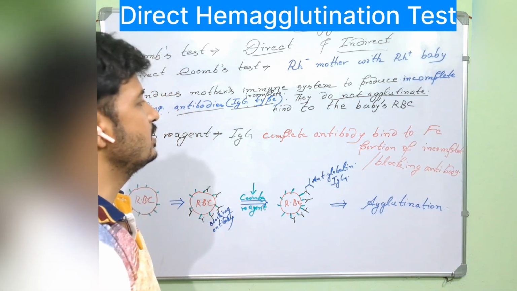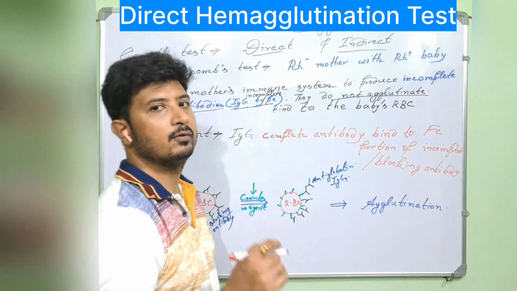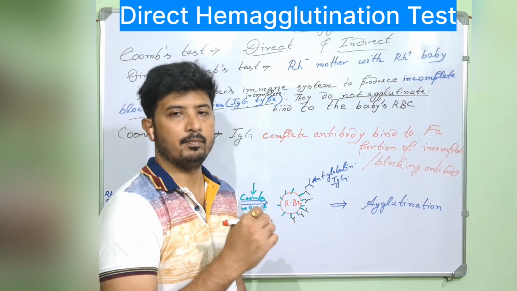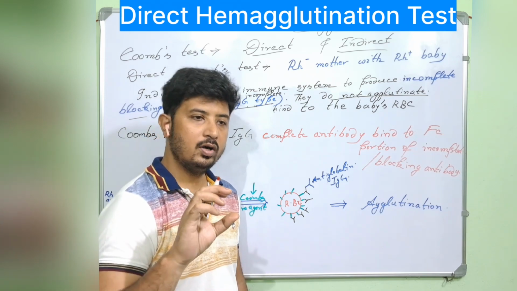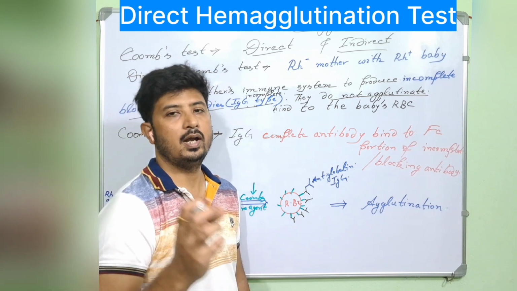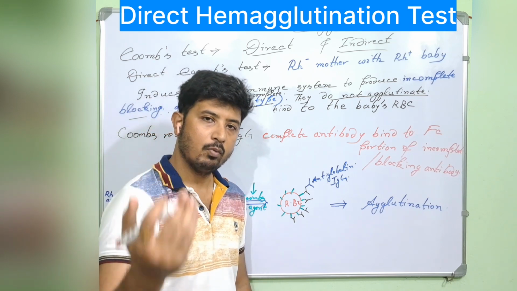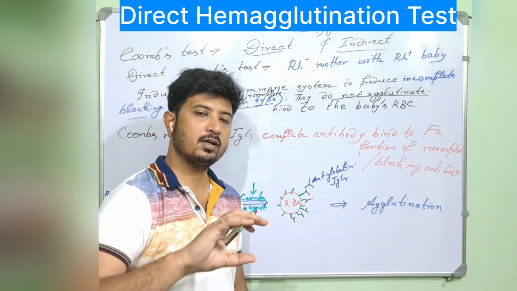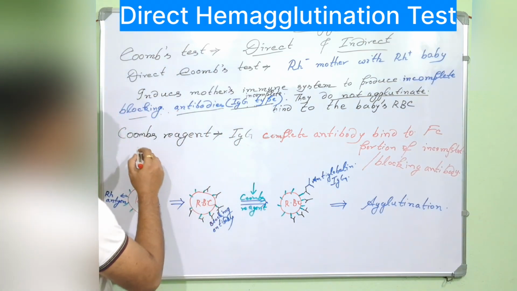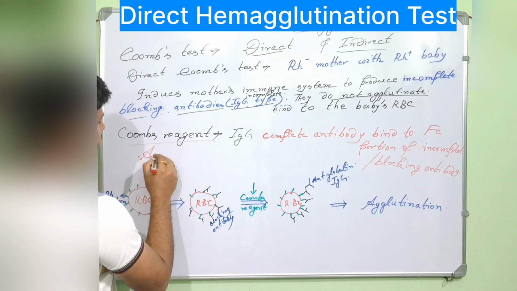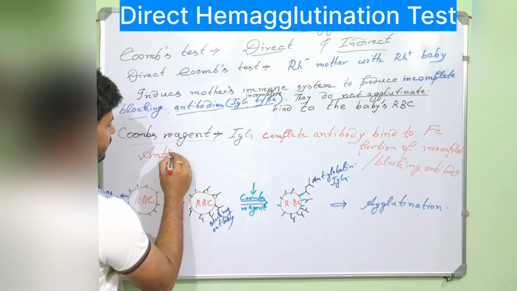Now this test is done in vivo with the fetus serum. Okay, because it is detecting the already bound blocking antibodies present on the surface of antigen, and then you are adding antiglobulin. Coombs reagent is also called antiglobulin antibody.